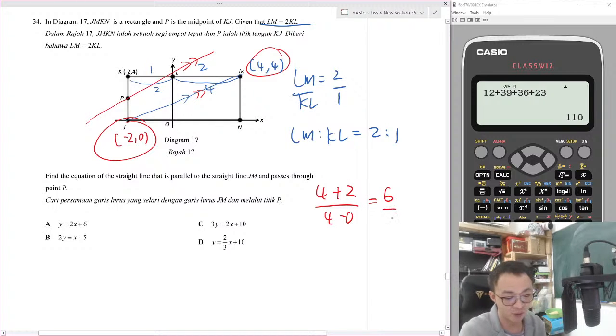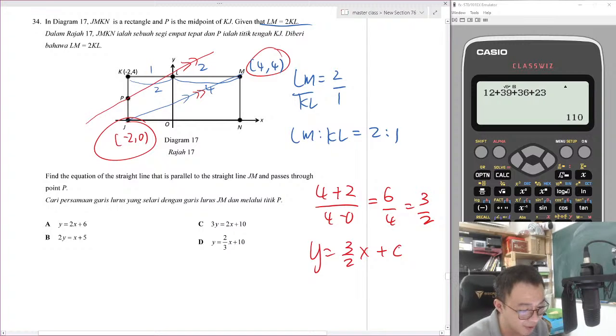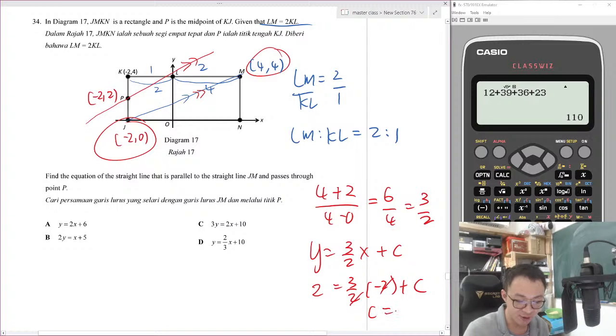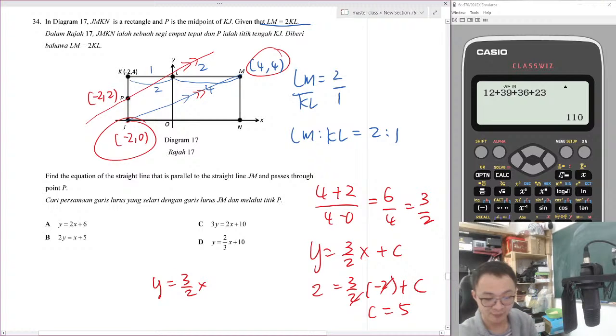This is 6 over 4, which is 3 over 2. So y equals 3 over 2x plus c. P is the midpoint, right? Yeah, it's a midpoint. Then I have the coordinate of it, -2, 2. So 2 equals 3 over 2 times -2 plus c. Then I can get c from here. c equals 5. So y equals 3 over 2x plus 5.